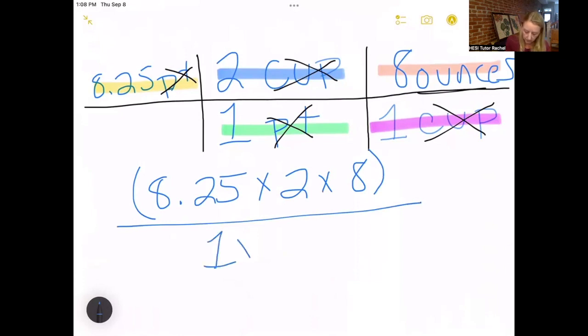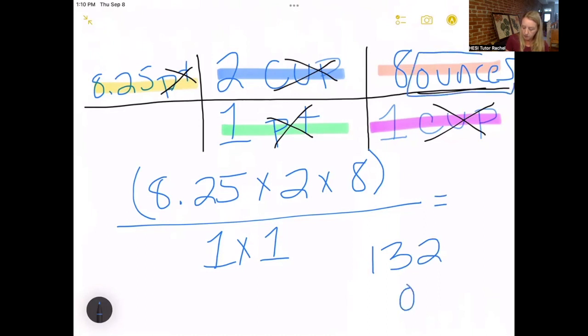So we can write in there 1 times 1 so that we know we're not forgetting a step, but that is going to cancel itself out as well. And so now, because it's in decimal form, you can put that into your calculator. So 8.25 times 2 times 8 equals 132. And don't forget the units that we are going to, which are ounces.